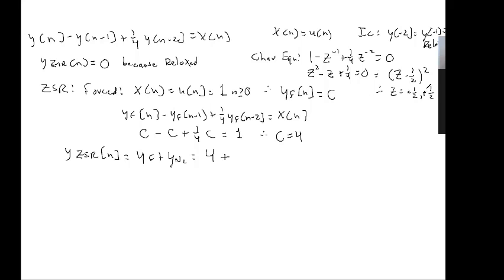And so our form of the natural response would normally be some k1 times positive 1/2 to the n, but I have two of them. So I have k2 and a 1/2 to the n, but the second one, because it's a repeated root, gets the n out in front of it.